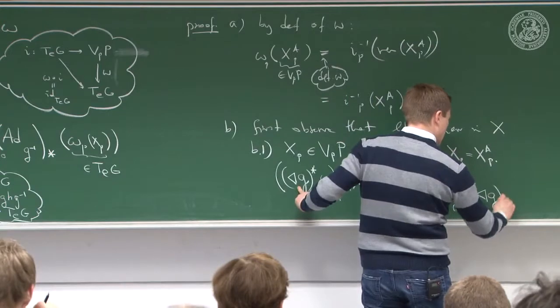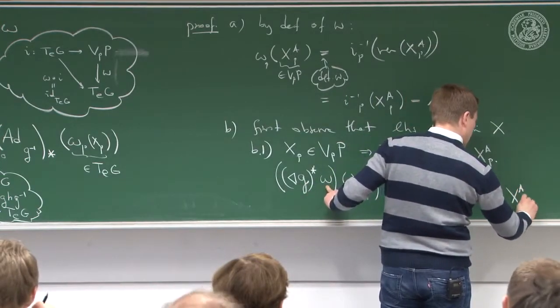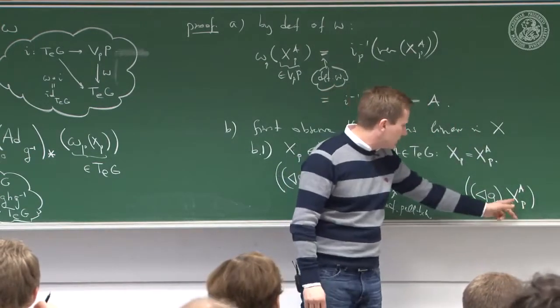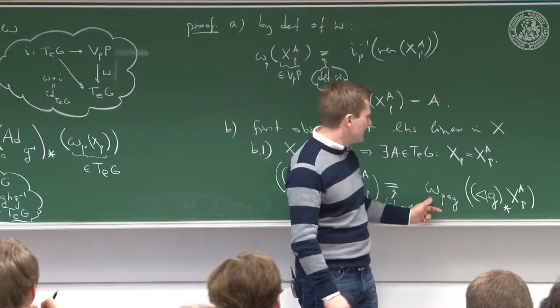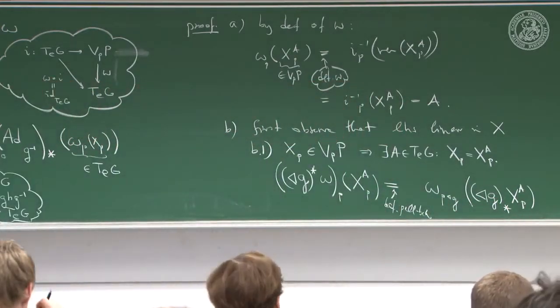So this is G down push forward of this vector xa at the point P. Of course, the push forward will take us to a point P acted upon from the right by G, which is exactly on which this guy here can act.